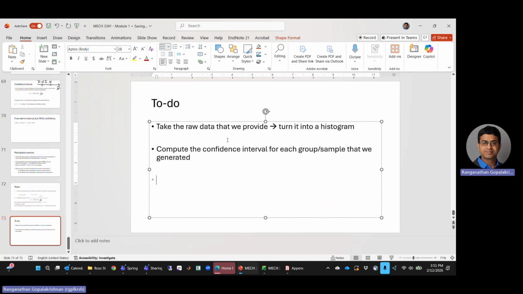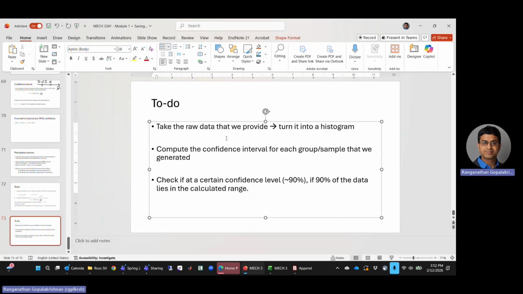And check if, at a certain confidence level, let's say 90%, 90% of the data lies in the calculated range. You're going to look at your histogram and try to verify whether 90 or 95% of the data lies in a certain interval.